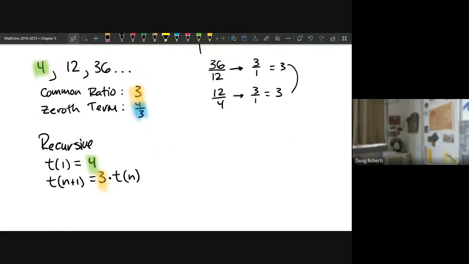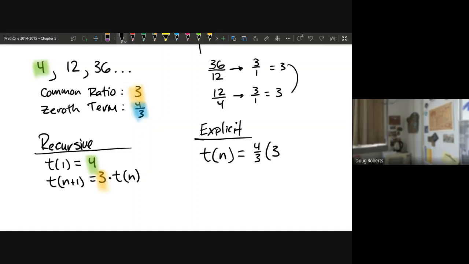All right, so now let's look at our explicit rule. And I'm going to give us the 2 flavors of it. The first flavor is going to be based on the 0th term. So T of n, a term in the sequence, is equal to my 0th term, 4/3, times my common ratio raised to the nth power.